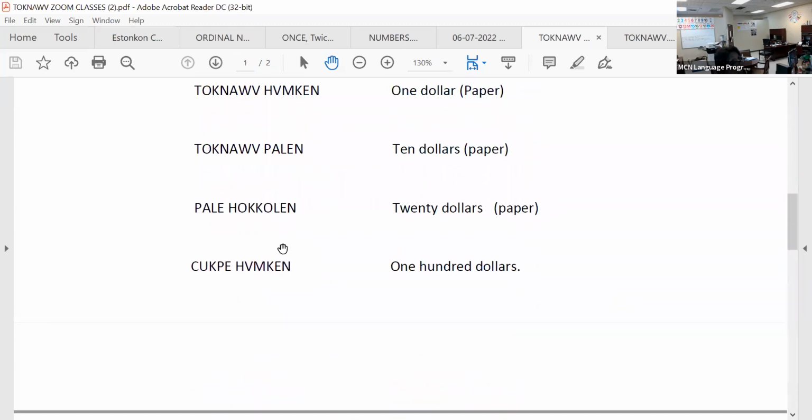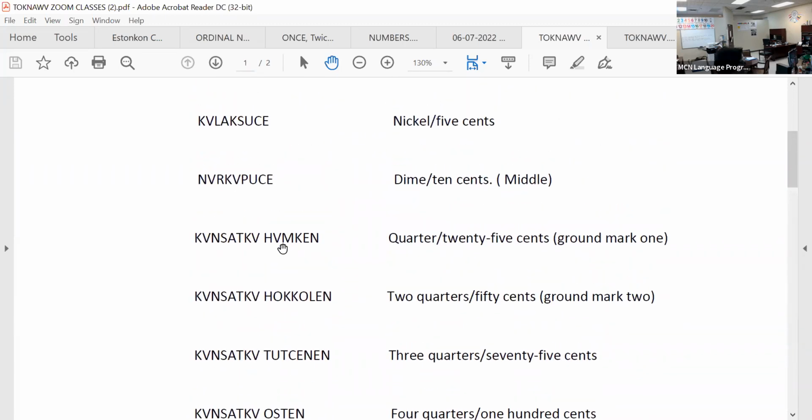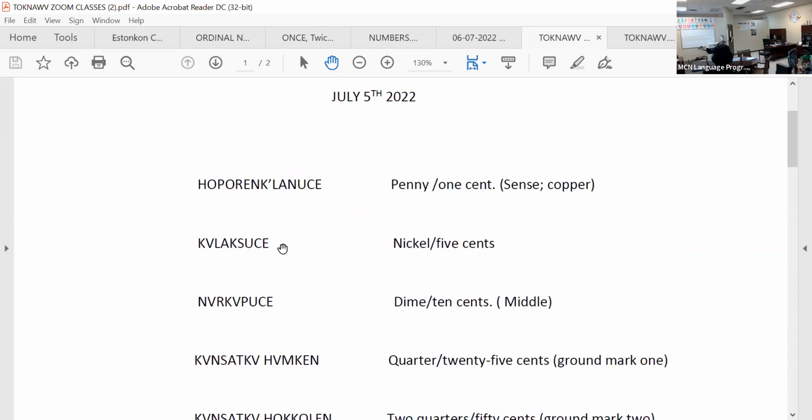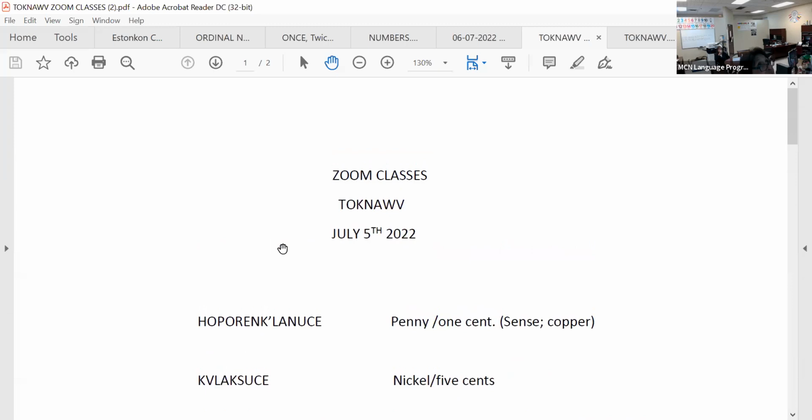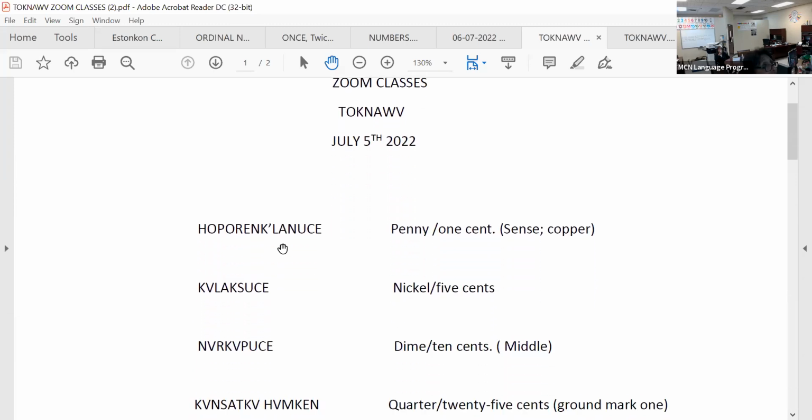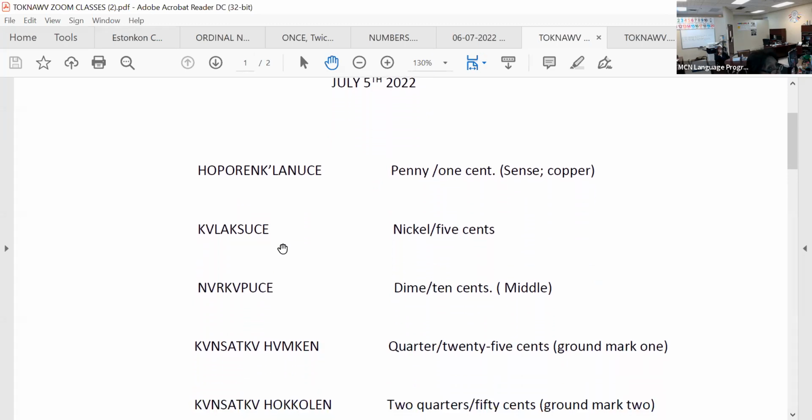So see how this is going, guys? This is all numbers, though. You're using numbers, okay? Every one of these is using numbers, and we started on numbers. So remember these numbers. And this is like penny is 1 cent, 5 cents, 10 cents. See, they're numbers, but they're named different. So that's what you need to do.